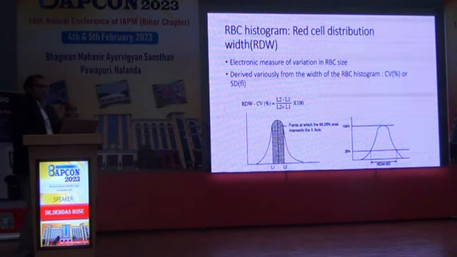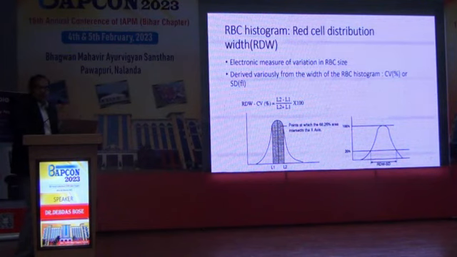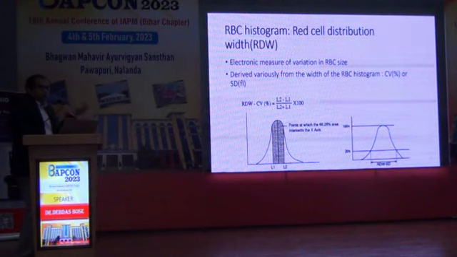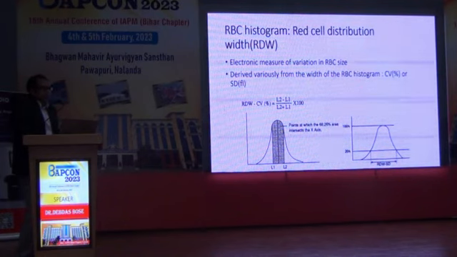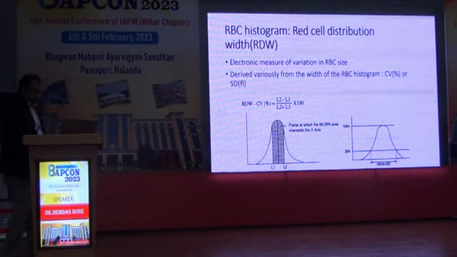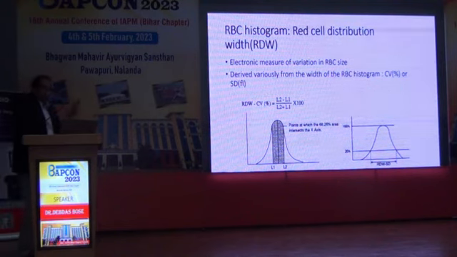It signifies the different sizes of RBC. This is RBC anisocytosis, what you see in our peripheral smear. RDW is machine derived. What two types of RDW have we seen? One is RDW CV, coefficient of variation. Another is the standard deviation, SD. Usually most labs do not give the report of RDW.